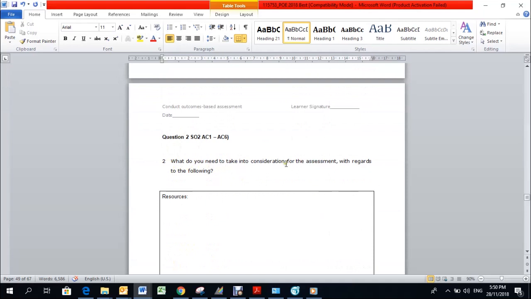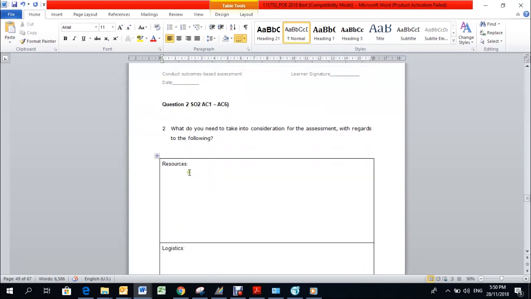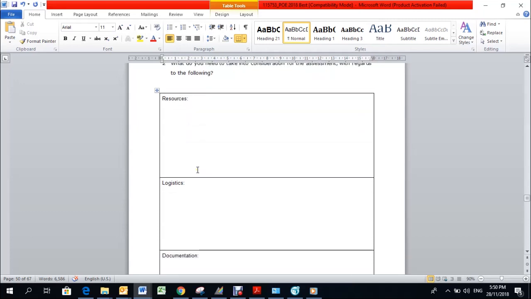What do you need to take into consideration for the assessment with regards to the following? Resources. What resources do you need? The venue, the tables and chairs, water, lights, air, toilets. All those are very important when we need to do the assessment. Some people fail because the room was dimly lit.